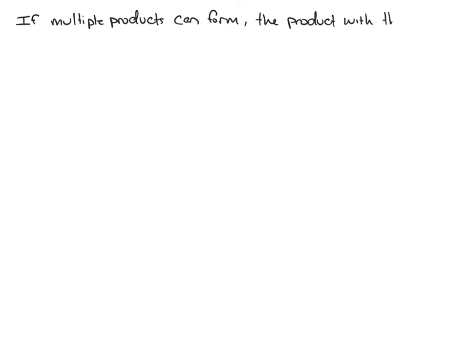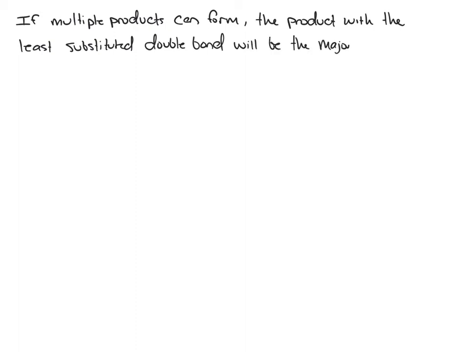Now remembering the name Hofmann elimination, if multiple products can form, the product that has the least substituted double bond will be the major product. Okay, so let's look at another example.